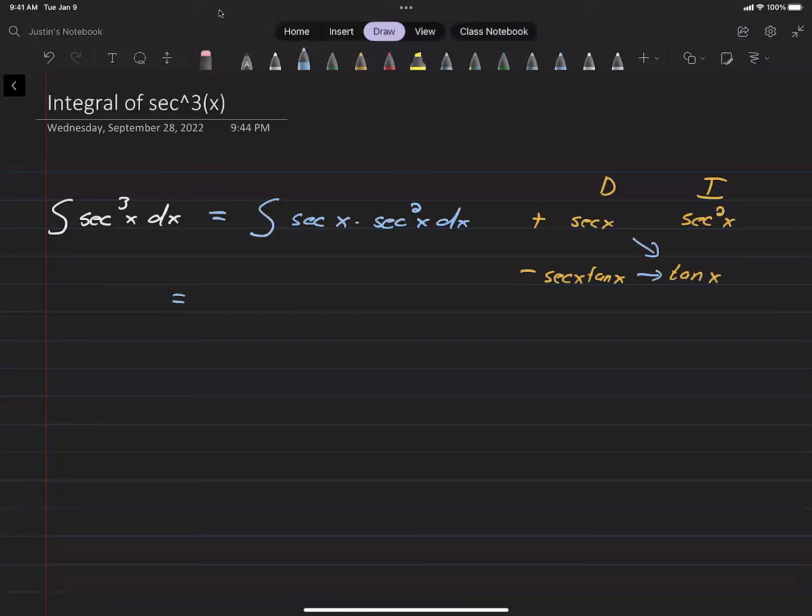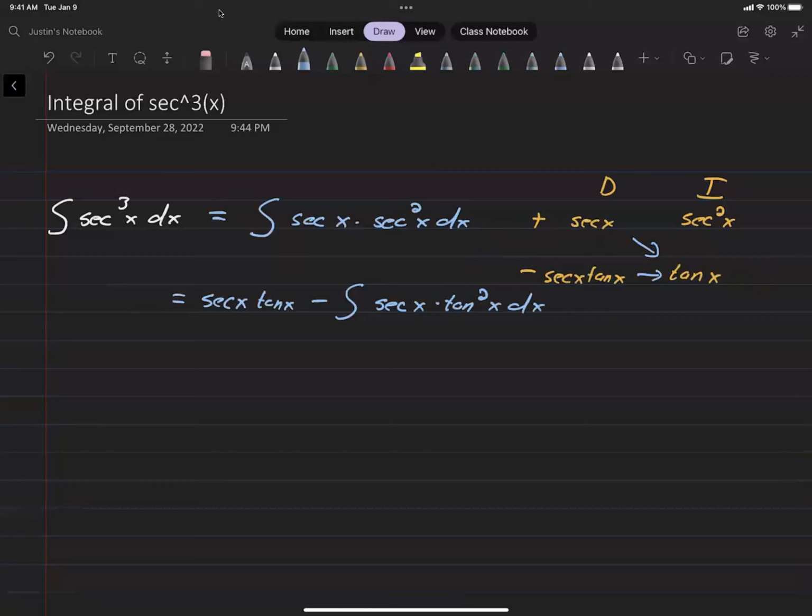Well, I'm going to get secant x tangent x minus the integral of secant times tangent squared x when we multiply those two. Okay, so far so good.